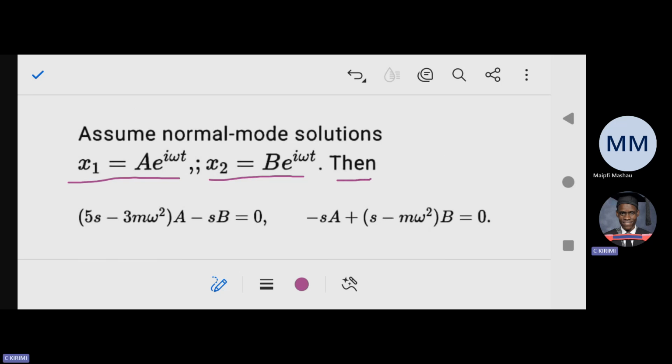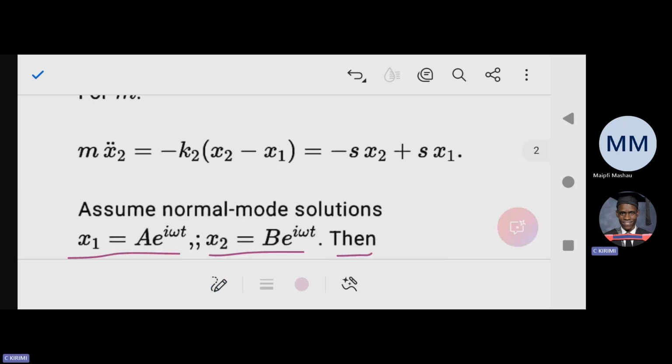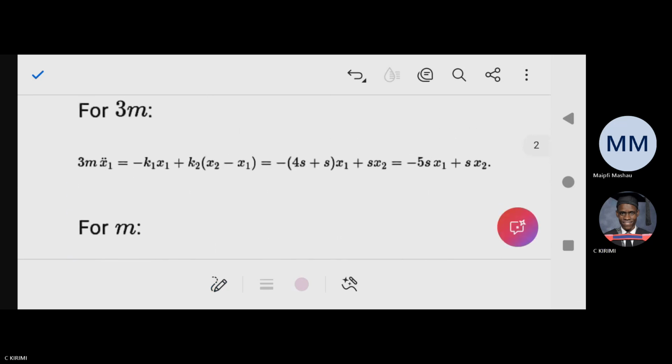Then remember, if I'm substituting into that first equation, I have mass times acceleration. Minus 5s x1 plus s x2.